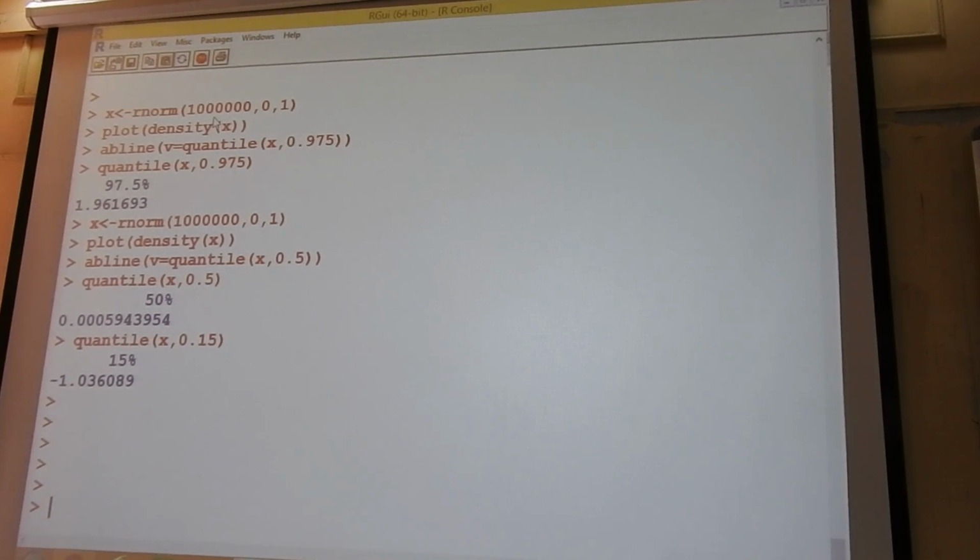It is a value such that the probability that a standard normal random variable takes a value less than minus 1.03 is 15%.